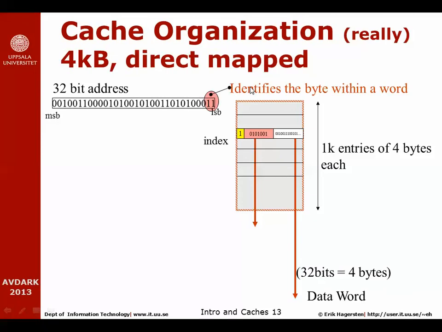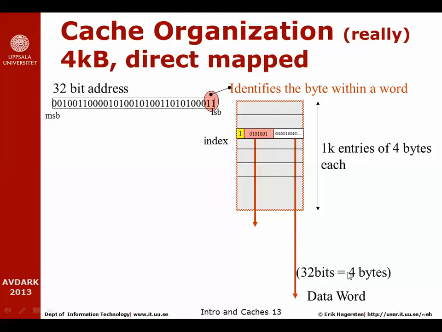However, the last 2 bits we will not need to bother about at all, because, as I said, this 32-bit address identifies a byte of information in memory. Since our job is to provide an entire word to the CPU, we don't care about the value of the last 2 bits, because they would just identify which of these 4 bytes the CPU is interested in. That is a task that the CPU internally will take care of itself.